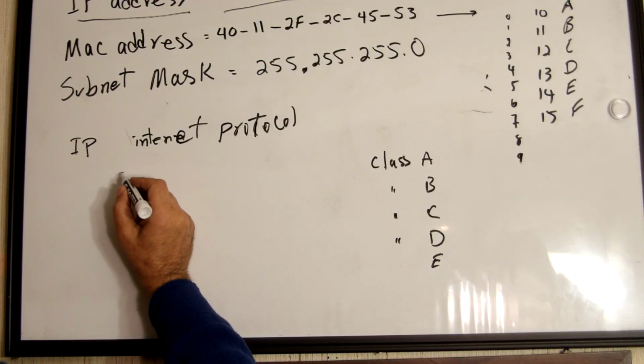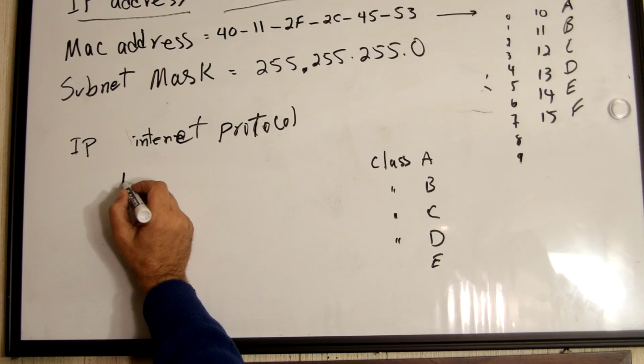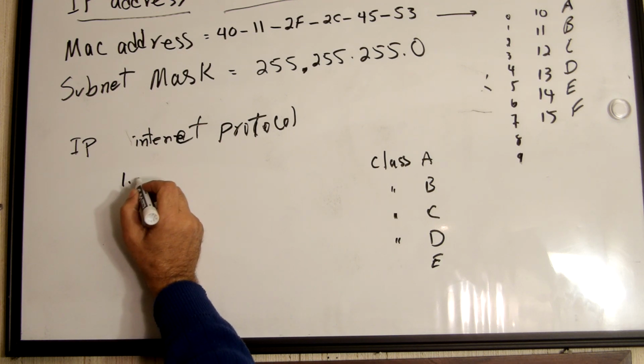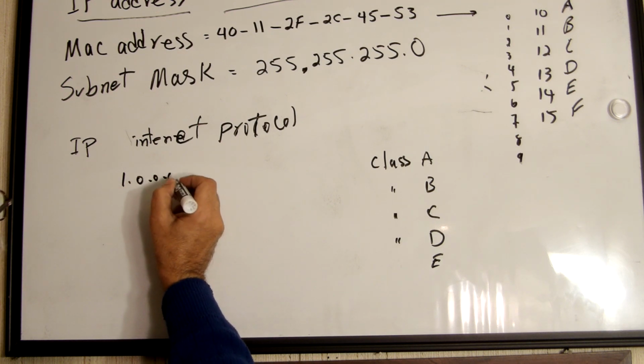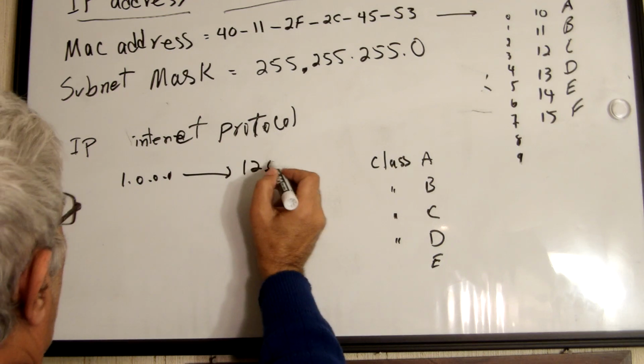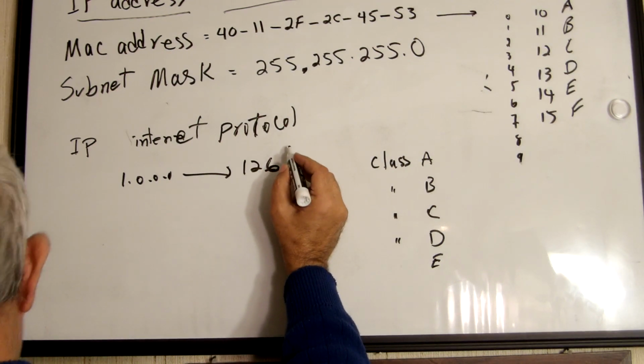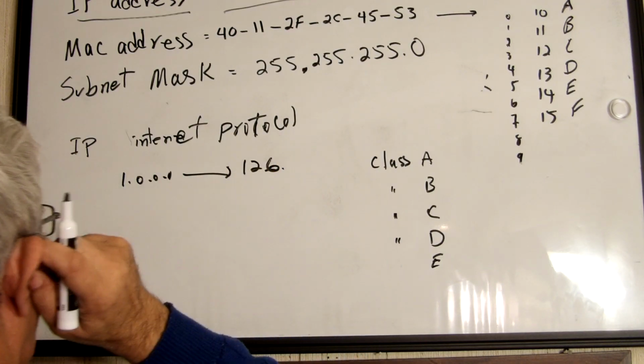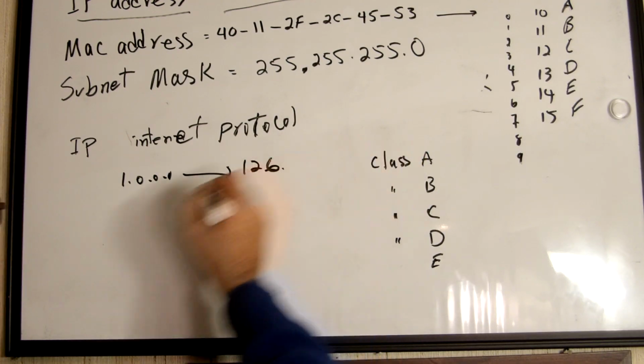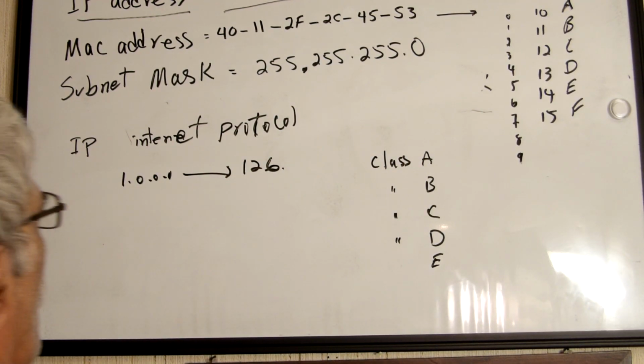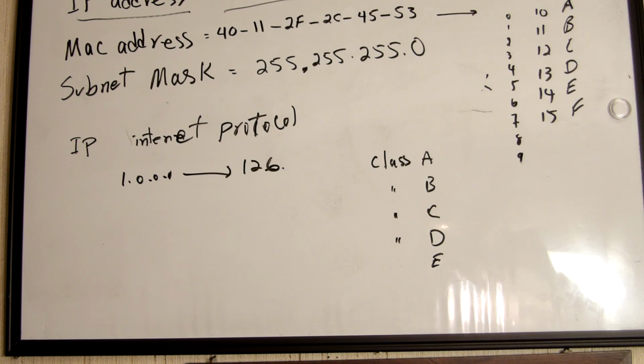The one that starts with 1 to 126, plus 255.255, we'll talk about in the subnet mask pretty soon.